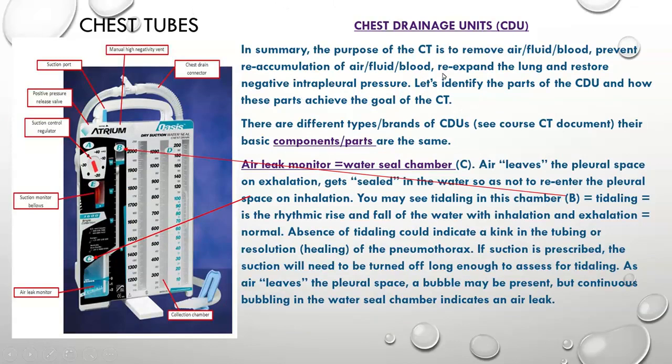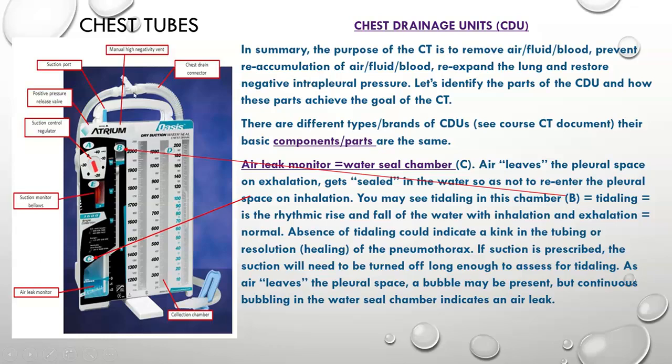When we talk about chest tube insertion, again, what's the whole purpose? Well, we want to remove air or blood, prevent the accumulation, re-expand the lung, and restore negative intrapleural pressure. These are things that we already identified, but I want to point them out again. So what about the chest drainage unit? How does it help achieve those goals?